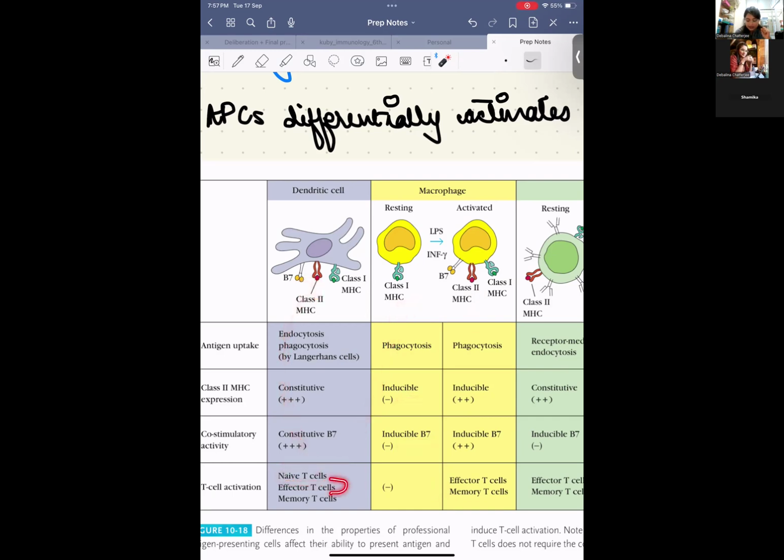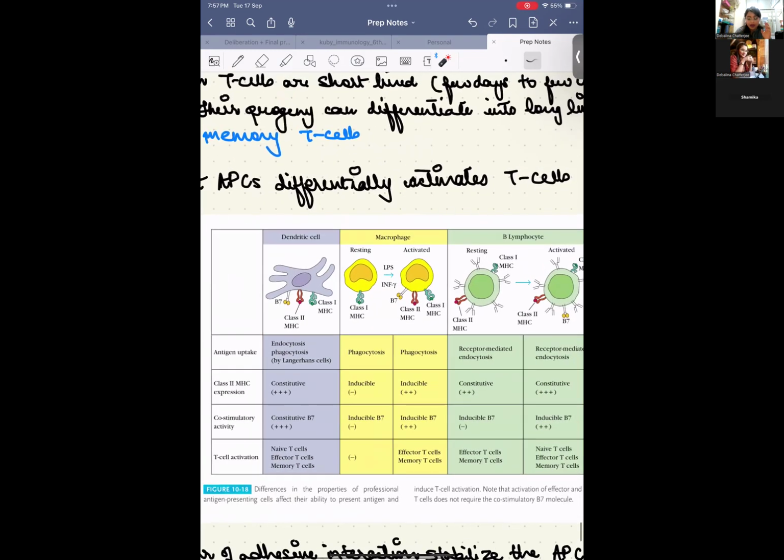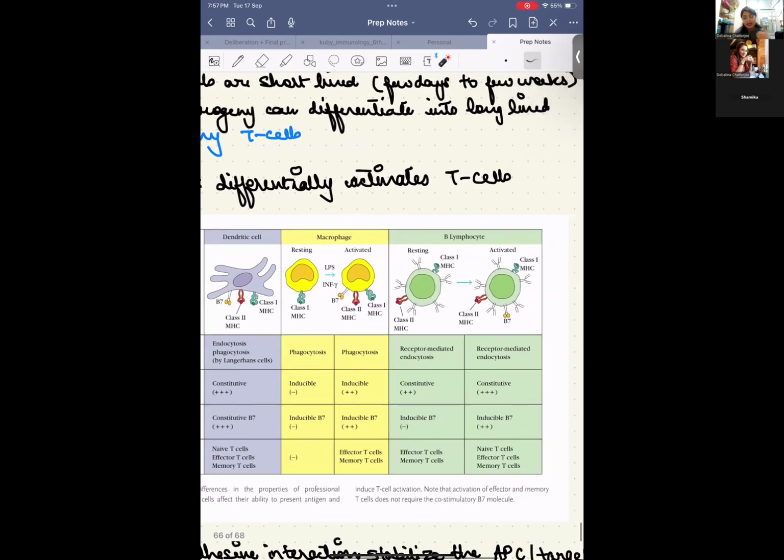But your effector T cells, which are already formed by the time your MHC2 and B7 expression is happening on your macrophages, are the primary group of T cells that are getting activated by your activated macrophages.